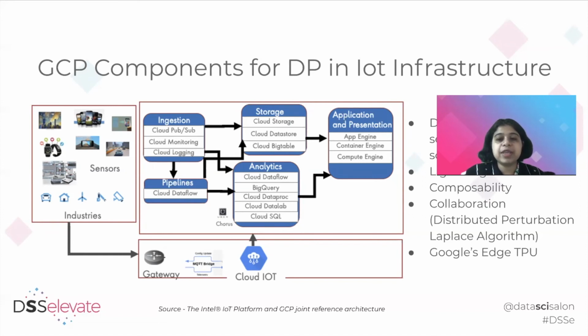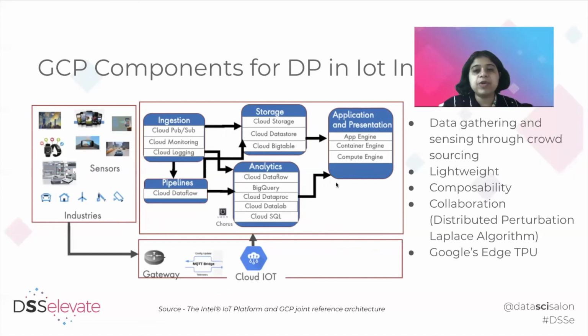So we can think of this as a unified framework with protection ensured in each of these components: the ingestion, storage, application presentation, pipeline, and analytics engine. It allows us to train the algorithms on Google's TPU, and gives data scientists more flexibility to compose different differential privacy algorithms and make them lightweight before deployment, so that the resources are not heavily consumed.